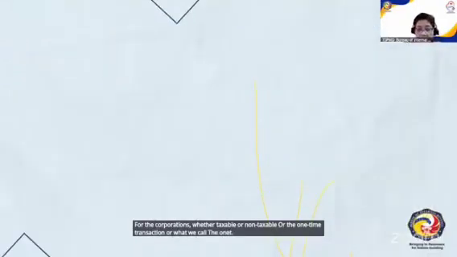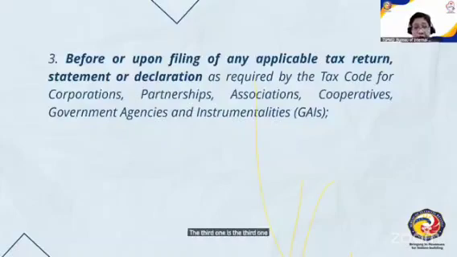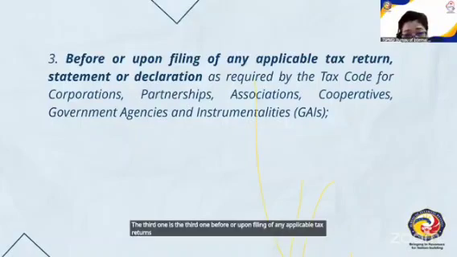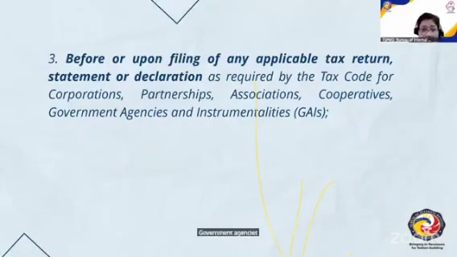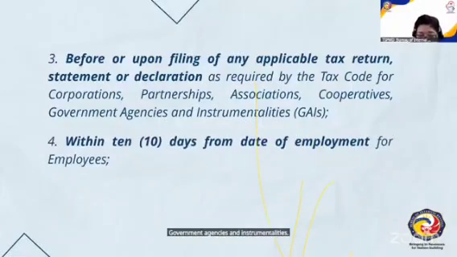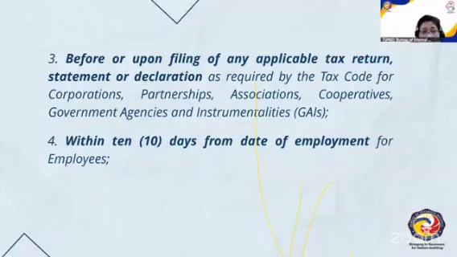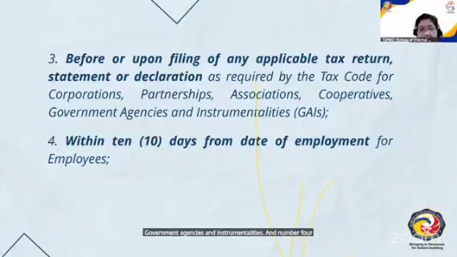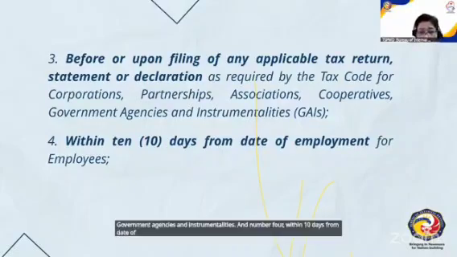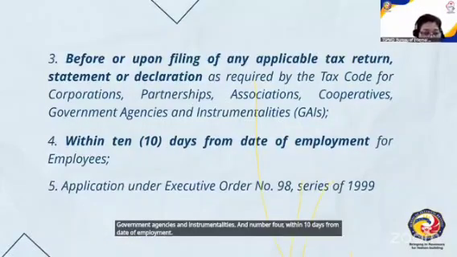The third one is before or upon filing of any applicable tax returns, statement, or declaration as required by the tax code for the corporations, partnerships, associations, cooperatives, government agencies, and instrumentalities. And number four, within 10 days from date of employment for the employees. Please take note of that.